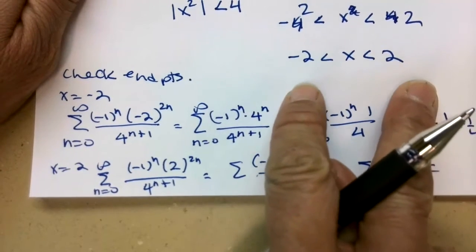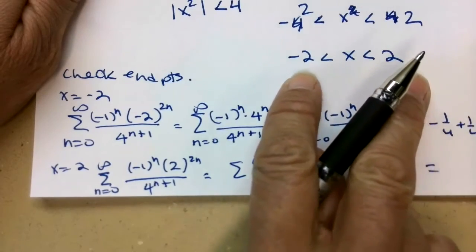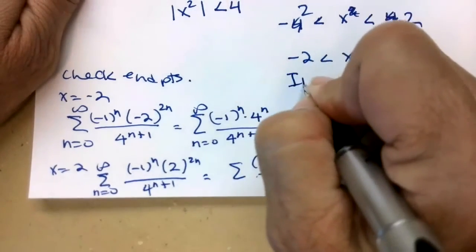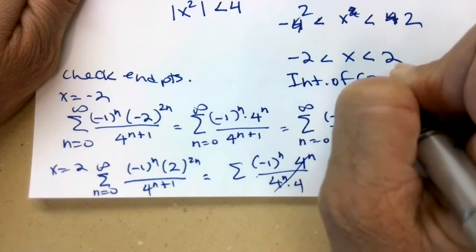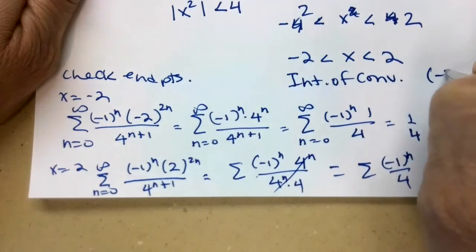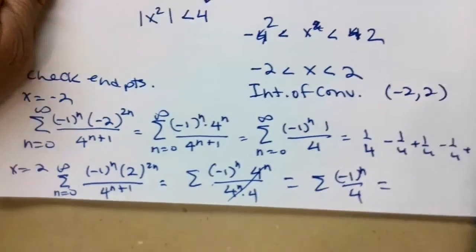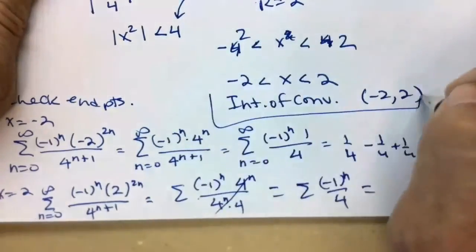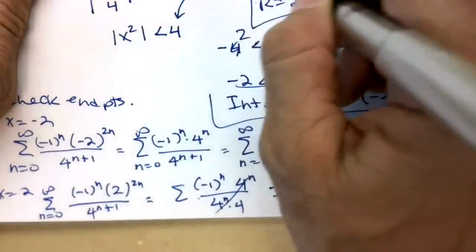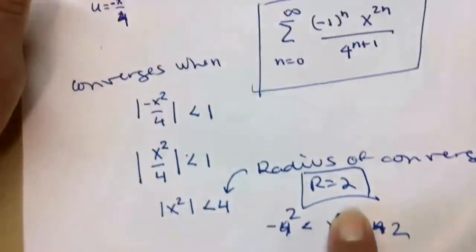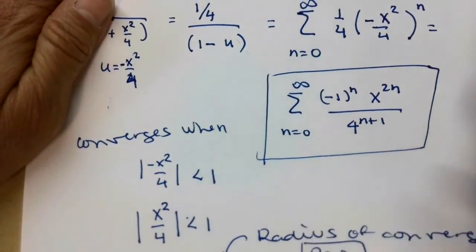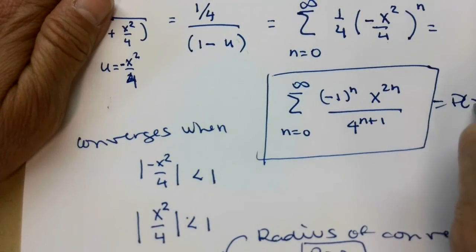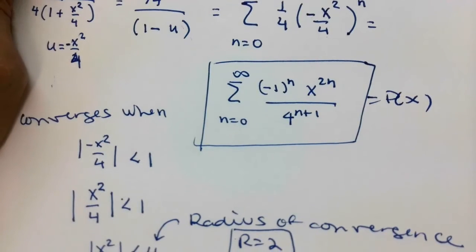So we don't include either of the endpoints. So our interval of convergence would be negative 2 to 2. So our radius of convergence, 2, not 4. Make sure you got that fixed. And then here is our power series.